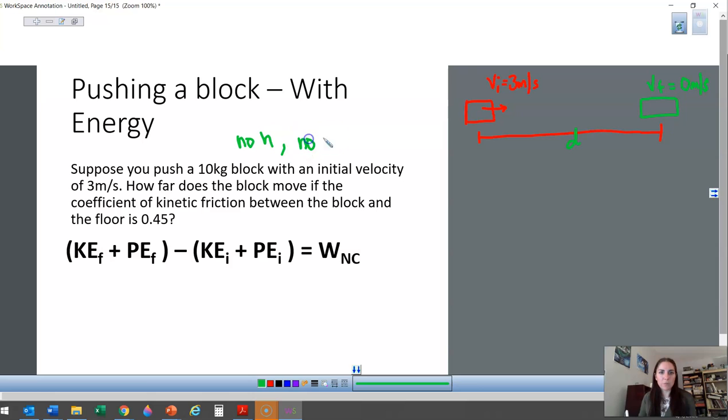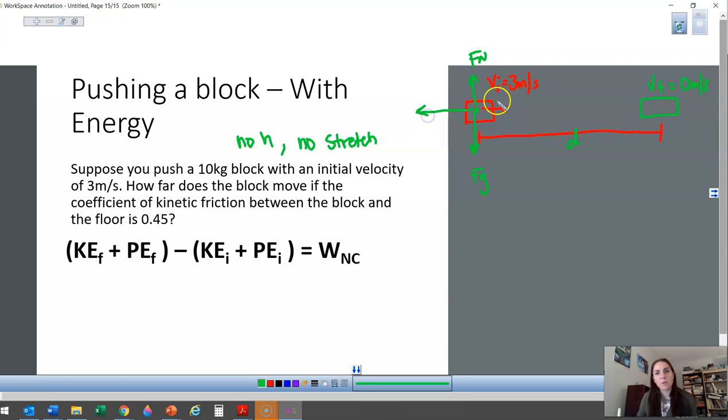There's no stretch, so there's no potential energy. In fact, the only forms of energy are kinetic and work done by friction, right? If I were to draw this as a free body diagram, we have force gravity, force normal, and then friction.